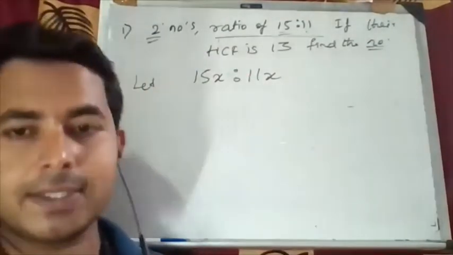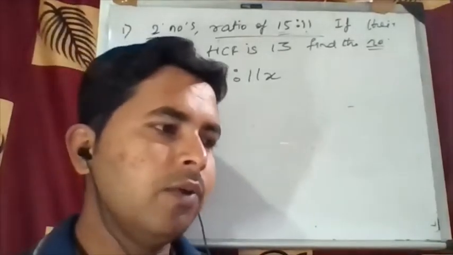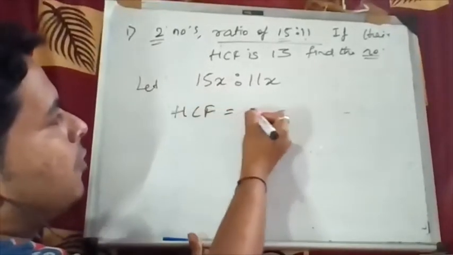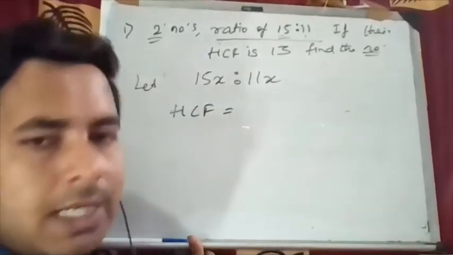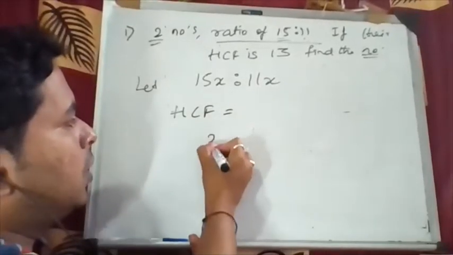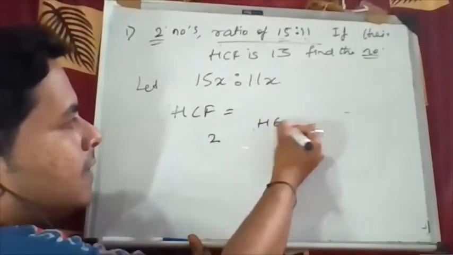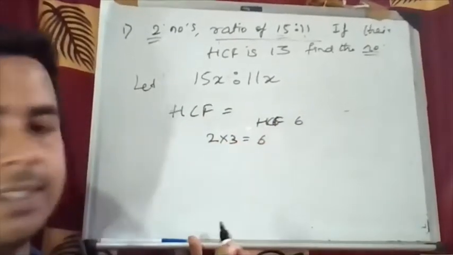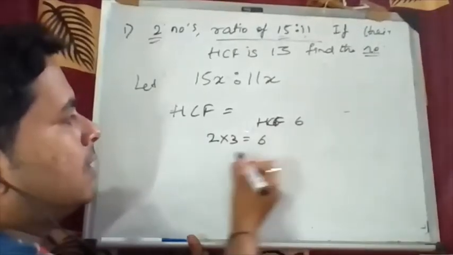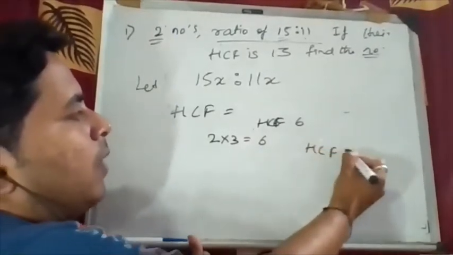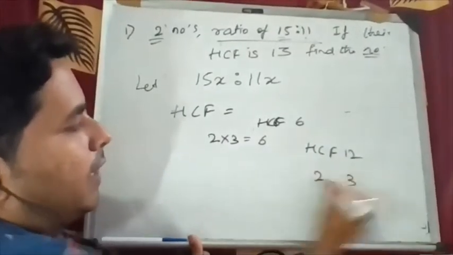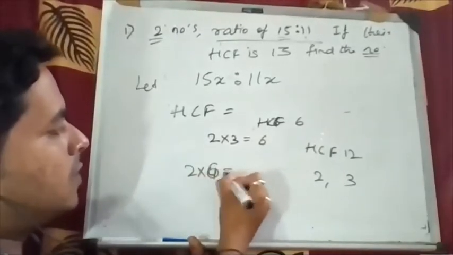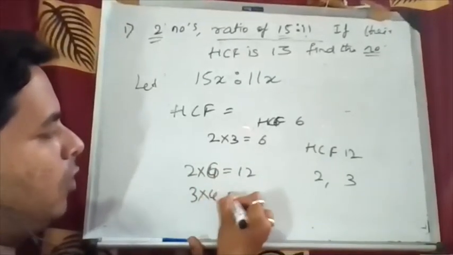So 15x and 11x. Here, whenever HCF comes, the HCF will be the multiplying factor of the numbers. Suppose the numbers are 2 and 3 and your HCF is 6, you'll get 2 into 3. If your HCF is 12, then 2 into 6 gives 12 and 3 into 4 gives 12.